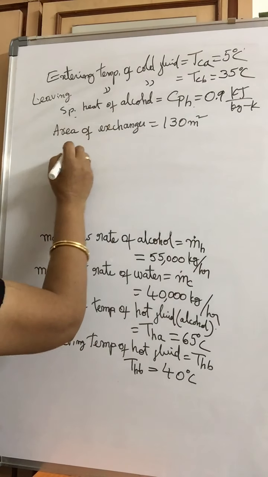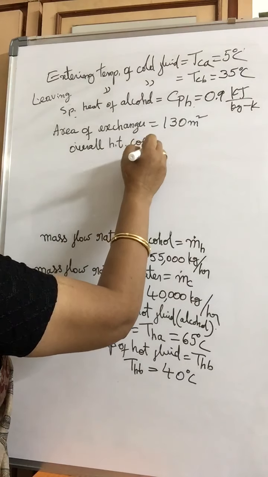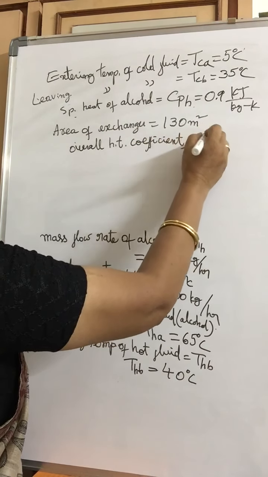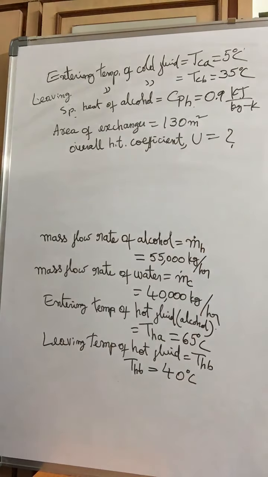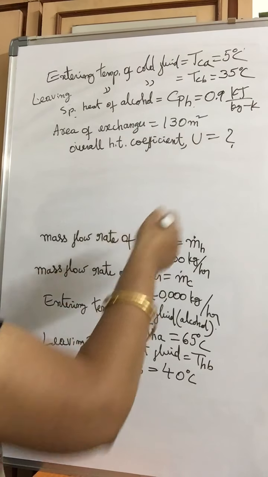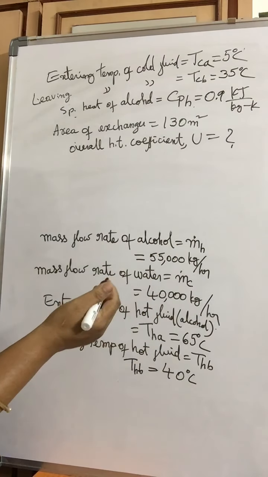Next, what is the question? Overall heat transfer coefficient U is equal to how much? That is the question. When the question is like this, it is not mentioned whether U is based on the outside area or the inside area.